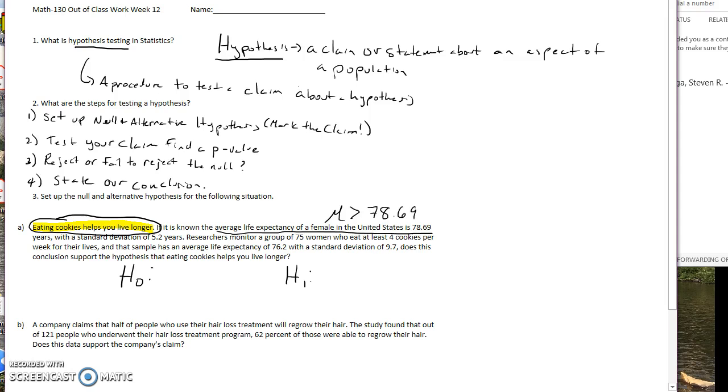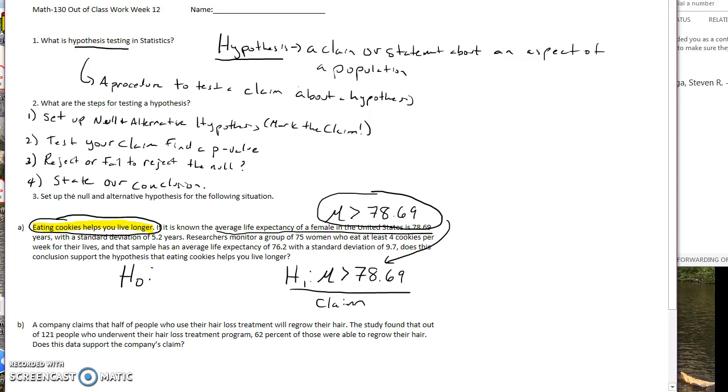Now, anytime we are doing a greater than or less than, that is always going to fall underneath the alternative hypothesis. We'll go a lot more in depth in this, but the alternative hypothesis is that the mean is going to be greater than 78.69, because we're saying if somebody eats cookies, that they will live longer than 78.69, and I'm going to mark this one as the claim.